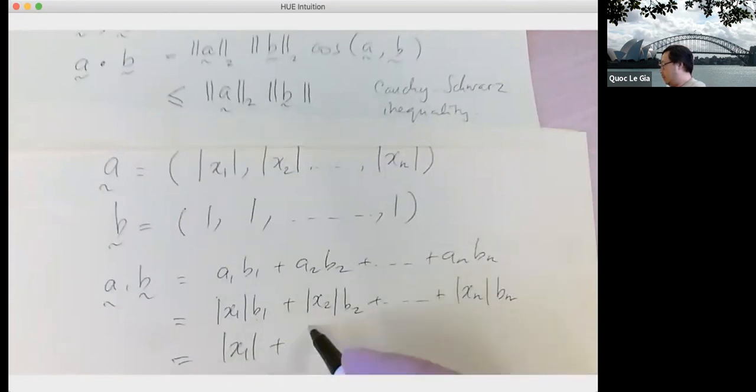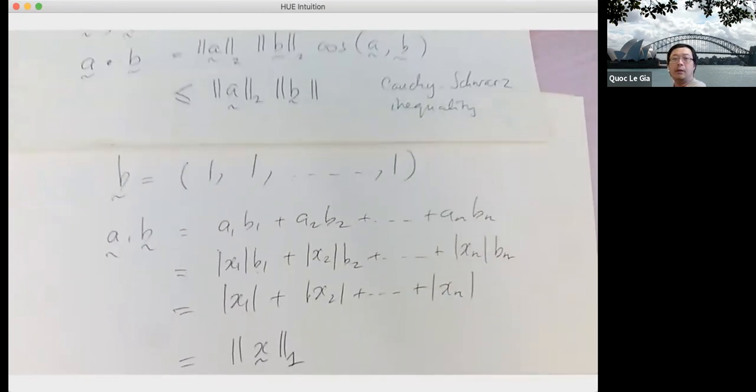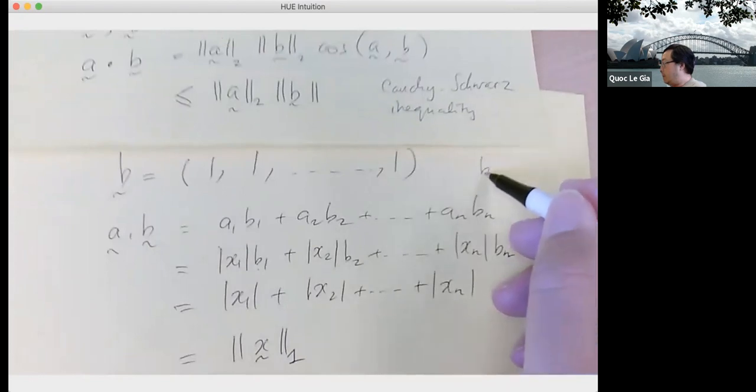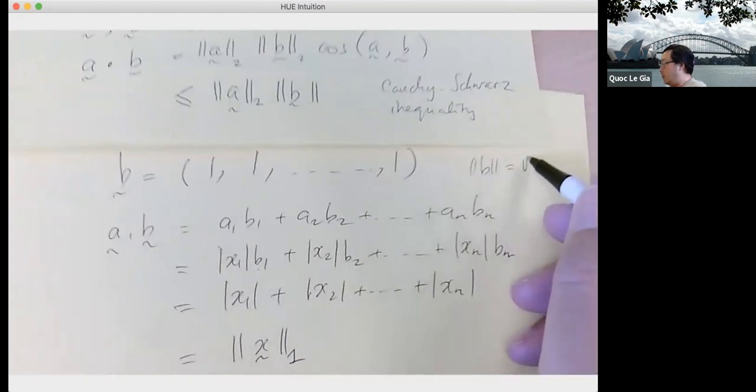So with B equal to all ones, it gives you x1, x2, up to xn, the 1 norm of the vector x. And then what is the length of the vector B? The length of the vector B is just square root n.